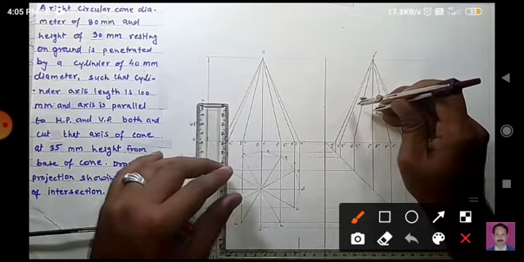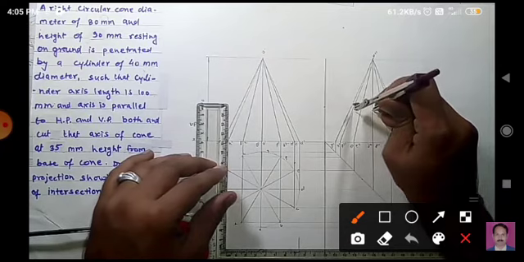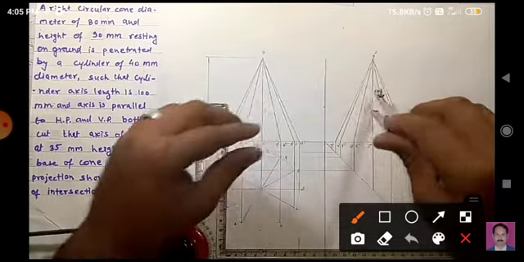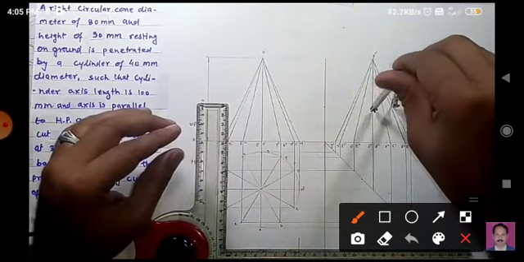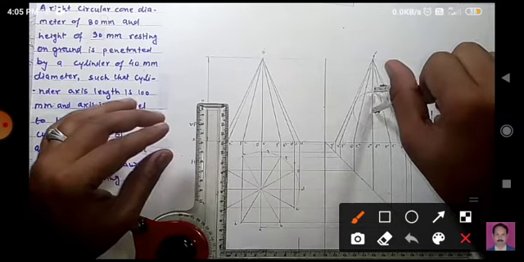Now draw a cylinder of 40 millimeter diameter or 20 millimeter radius. In this way you have to complete it.